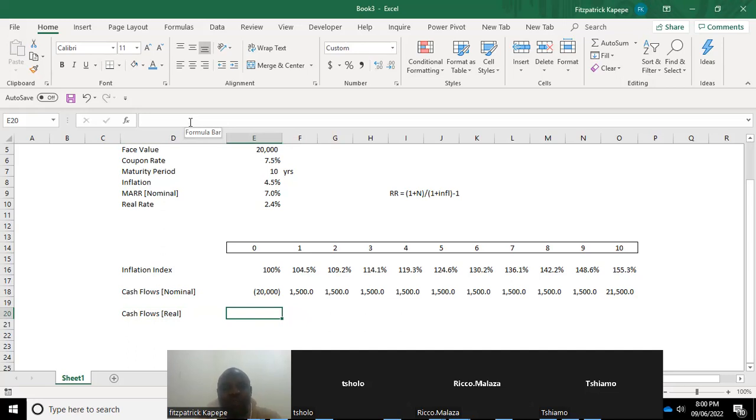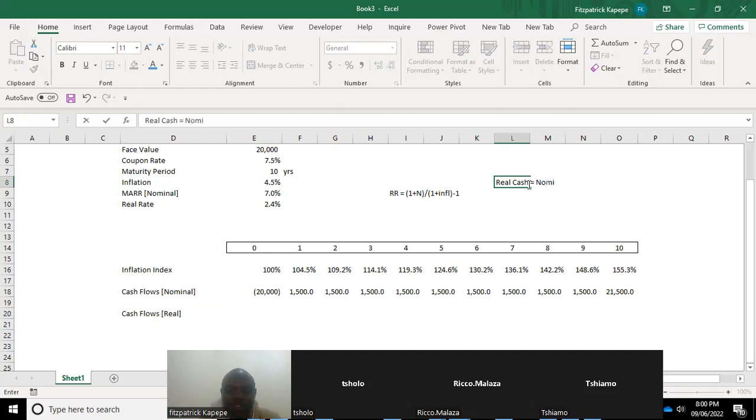So this is what is going to happen: you're going to have your nominal values. Your real cash equals nominal values divided by 1 plus inflation.